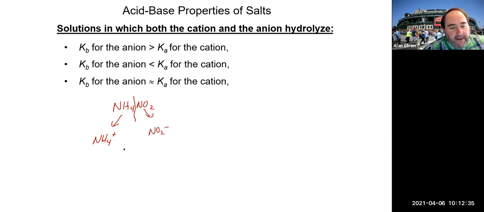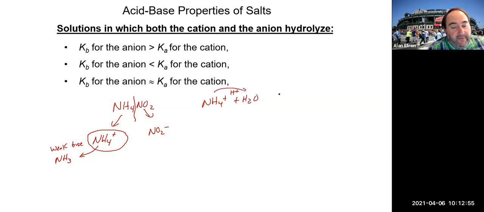If we start thinking about where these came from, NH4 plus probably came from NH3, which is a weak base, which would mean this guy would go through hydrolysis, where it would react with water and act as an acid and donate the H plus over and make H3O plus. But what about our NO2 minus?